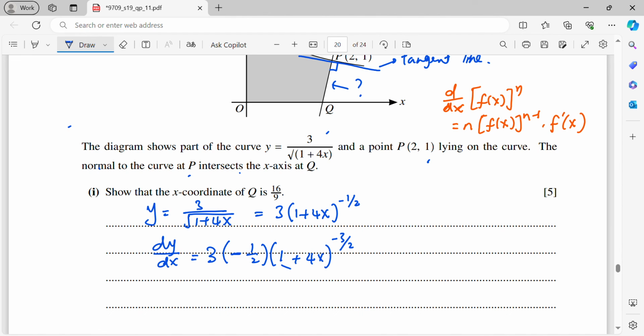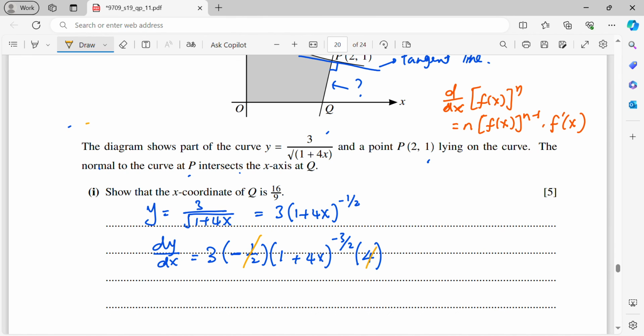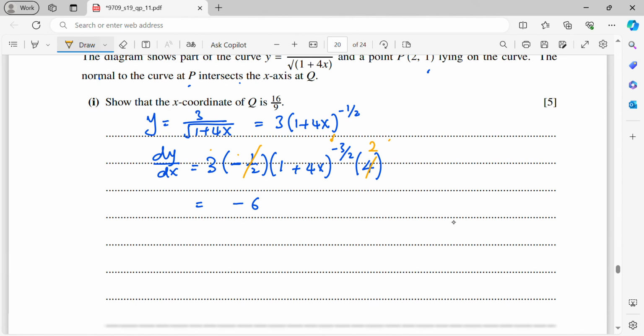And don't forget to differentiate the bracket, which is 4. Now you simplify. The half and 4 becomes 2. So you have 3, you have minus 2, that means it's minus 6. And since the term has a negative power, I will move it down. So this is over 1 plus 4x to the power of 3 over 2.